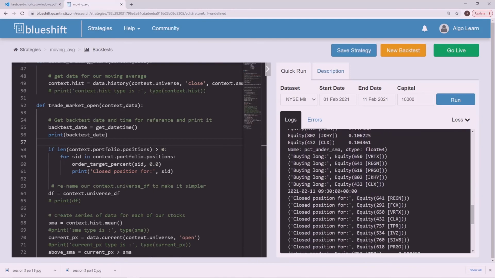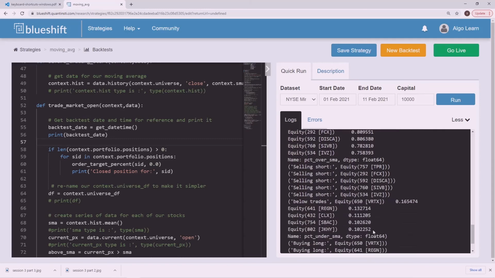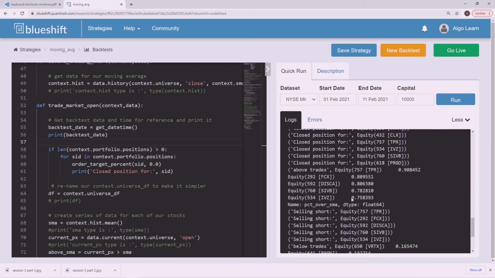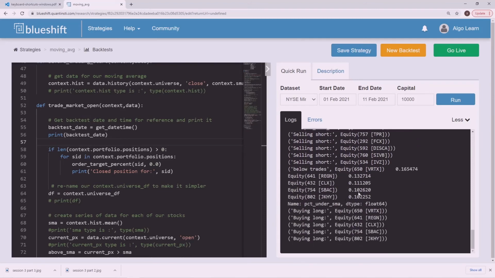So here we are on the 11th. We're closing our positions out and we're reopening our positions on the targets that we have identified on the 11th.